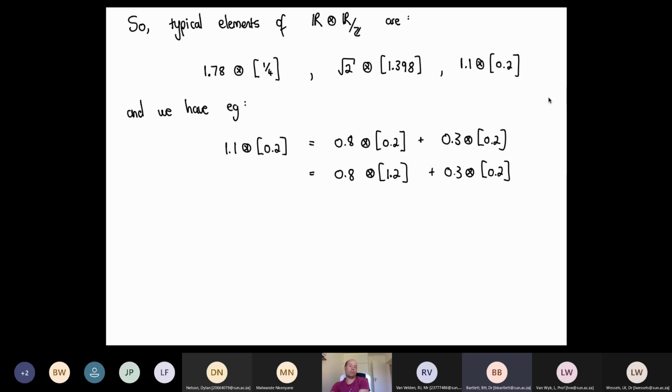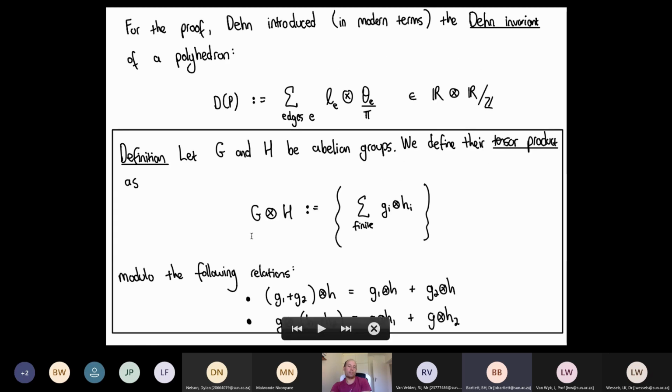So for example, we can perform the following manipulations. 1.1 tensor the equivalence class of 0.2 inside this group is the same as 0.8 tensor the equivalence class of 0.2 plus 0.3 tensor the equivalence class of 0.2. Because remember, I'm using this rule here.